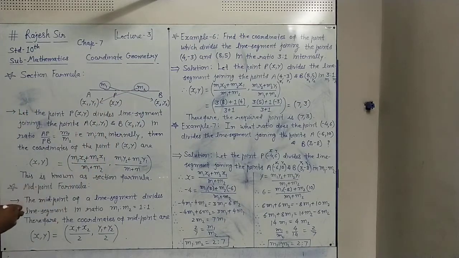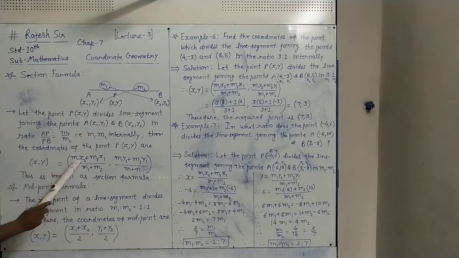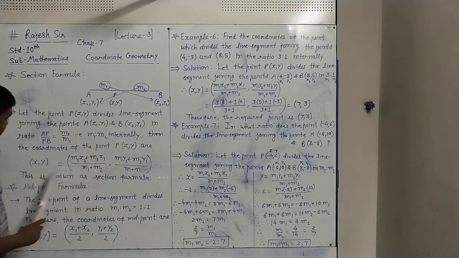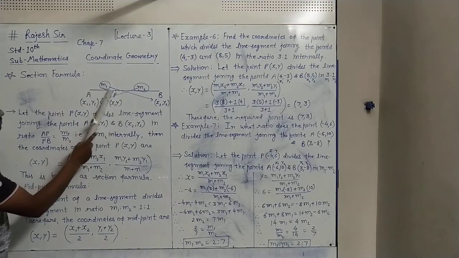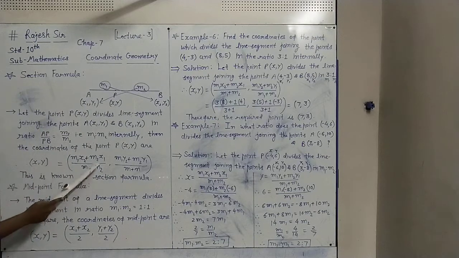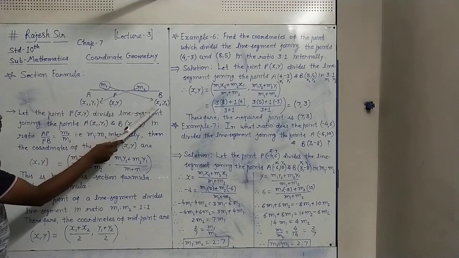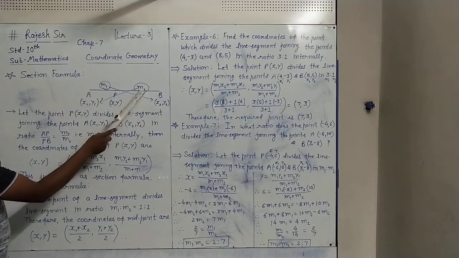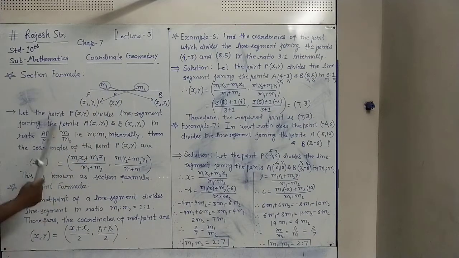To remember how it looks: when you are talking about the x coordinate of this point, it is m1 x2 plus m2 x1 upon m1 plus m2. With the ratio of this side, we multiply the x coordinate of that side, and the ratio of that side is multiplied by the coordinate of the left side.